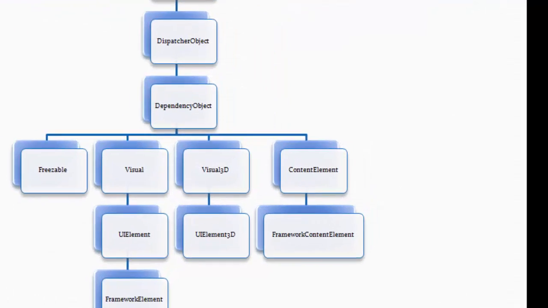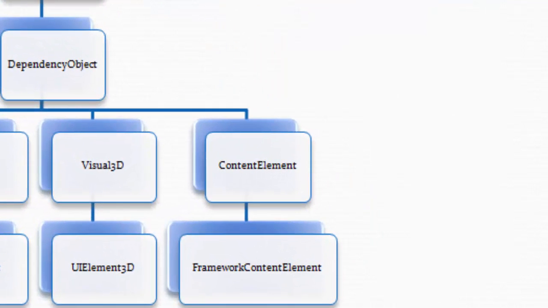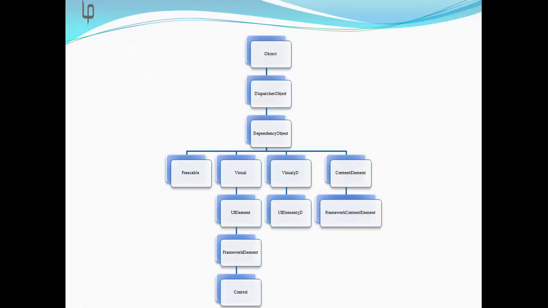So going forward, content element. So content element class is for text content, whereas the UI element class was for UI elements. Now why is it like this? Why does content element directly derive from dependency object, as you see in the diagram, and then UI element derives from visual, which in turn derives from dependency object?